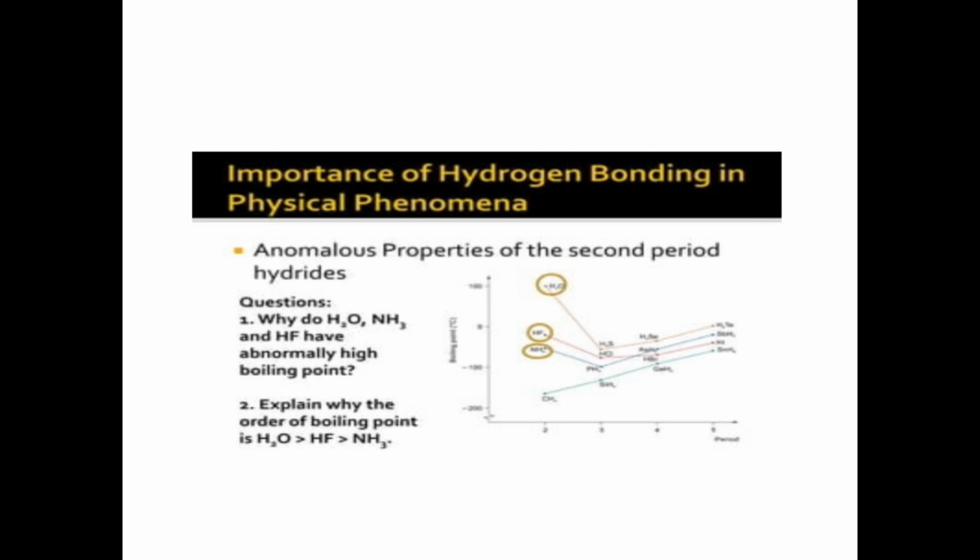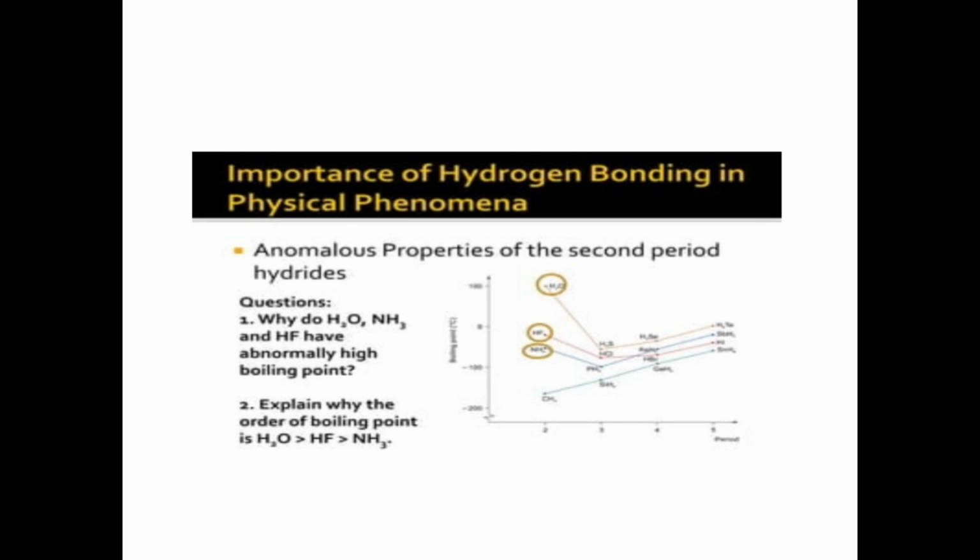Of course, molecular weight is key when we discuss boiling points. But in this case, these three have very low molecular weight. An example is water, which is 18. So they are not expected to have high boiling points. Water, for instance, has 100 degrees Celsius.